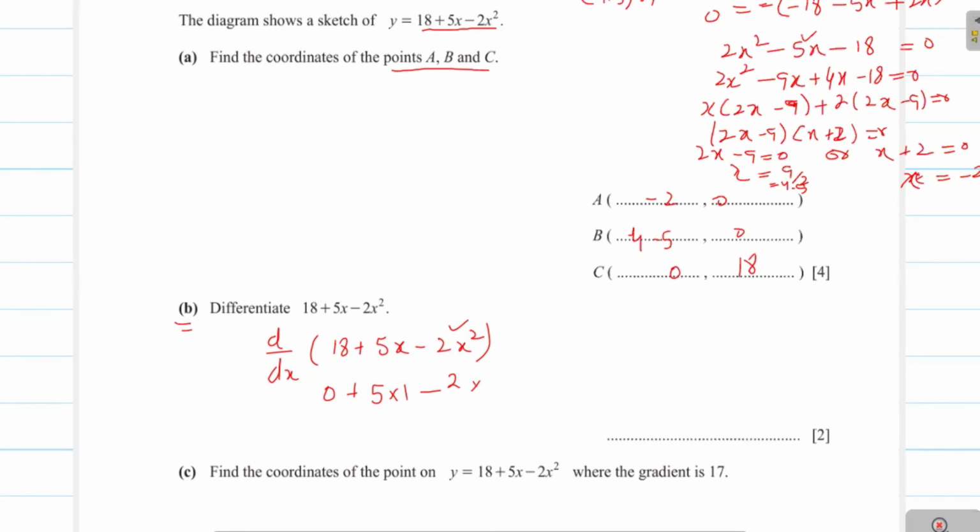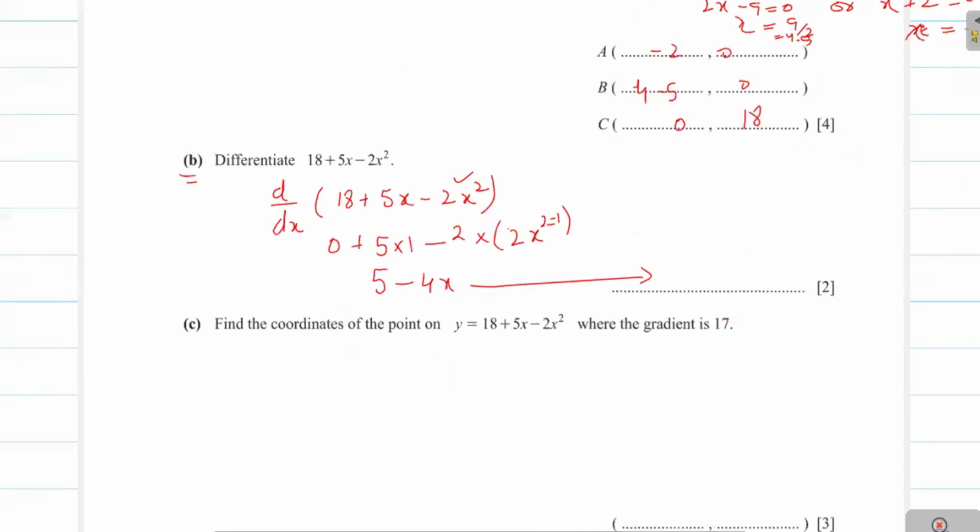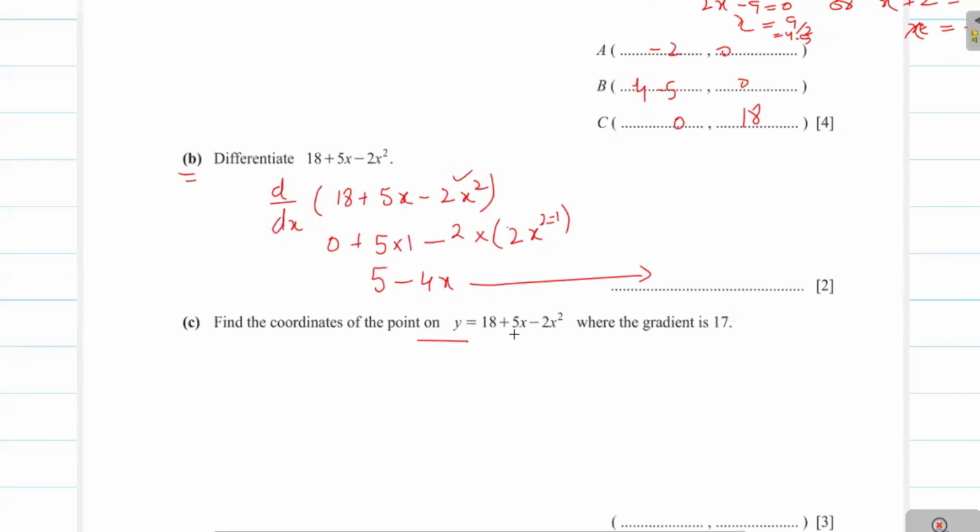We write 2 into the derivative of x squared, which is 2 into x to the power 2 minus 1, and therefore this value equals 5 minus 4x, and this is the derivative of this expression. Now find the coordinates of the point on y equals 18 plus 5x minus 2x squared where the gradient is 17.